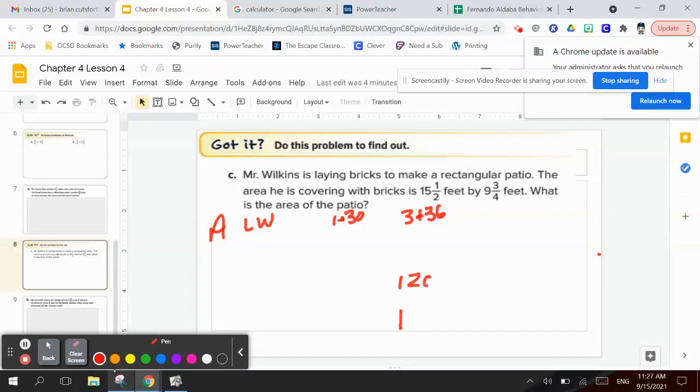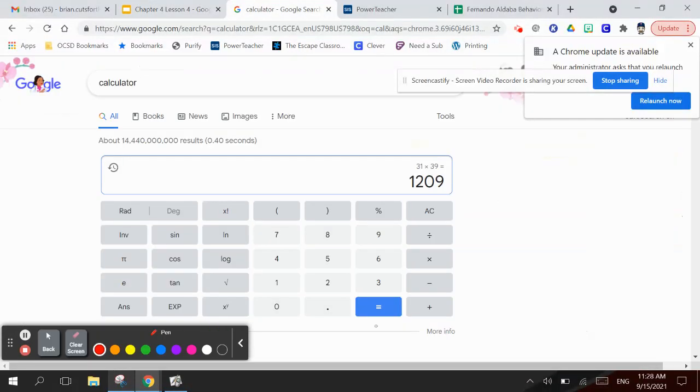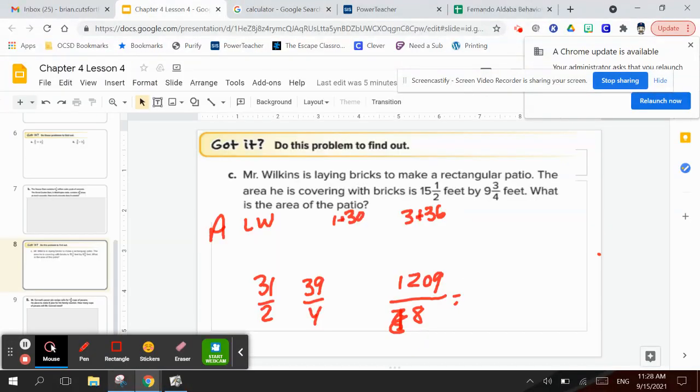So I have 1,209 because I had 31 over 2 and 39 over 4. I get 1,209 over 8. So then I have to divide. So I go back to my calculator. I take that number and divide it by 8. And I get 151.